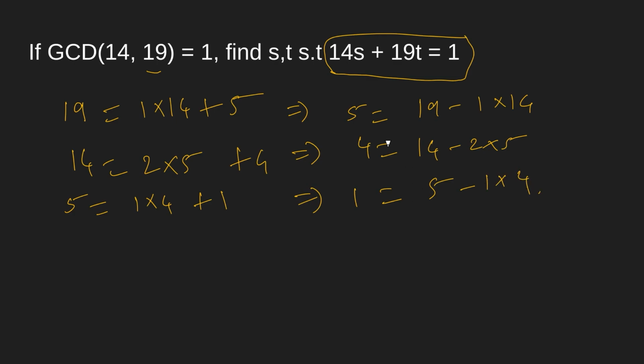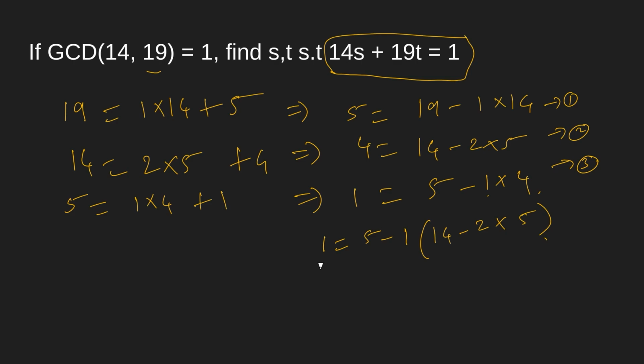We are going to substitute for 4, using equation 3 and naming these equations 1, 2 and 3, and we get 1 is equal to 5 minus 1 times (14 minus 2 times 5).